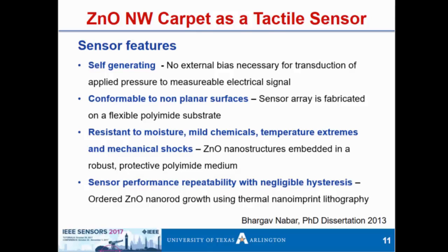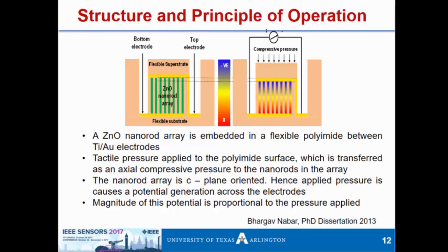We built them in different structures, but the general structure is that they are in between a flexible substrate and a flexible superstrate, made of polyimide, such that the zinc oxide nanorods are grown in an orderly fashion in patches, and there we have access to the top electrode and to the bottom electrode. So in this case, it is used as a compressive pressure sensor.